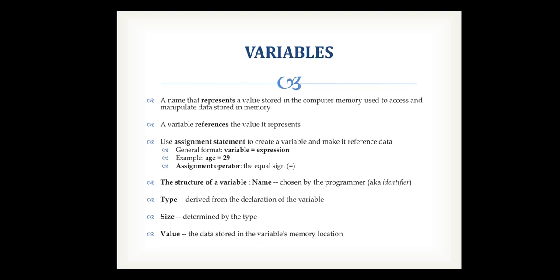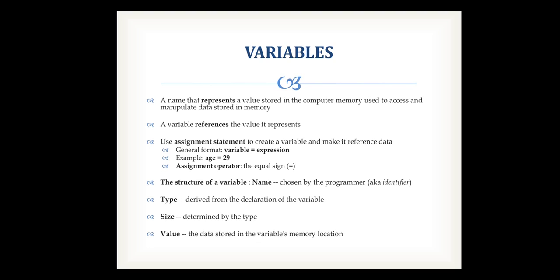The structure of a variable is, first, the name chosen by a programmer, then the type derived from the declaration of the variable. So if you are writing age = 29, by default the variable data type is considered as an integer.